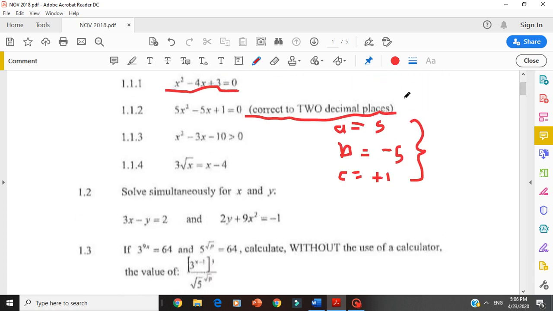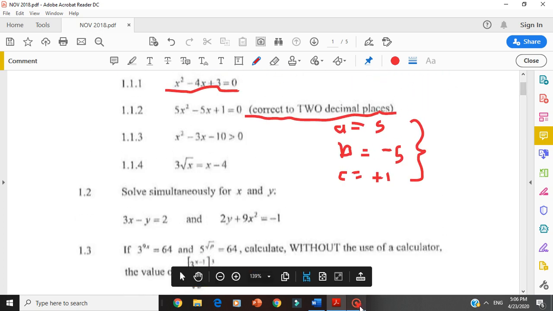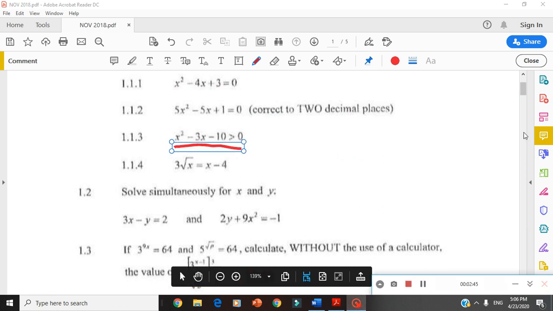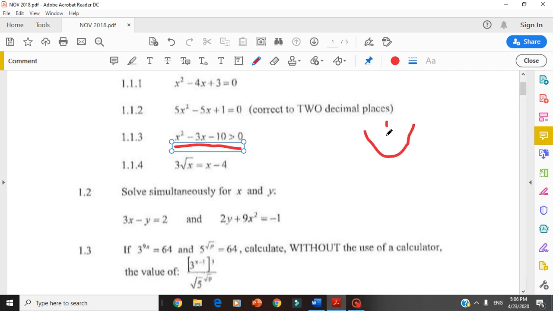The next section we'll be dealing with is an inequality. Okay, so for this inequality, we know it's greater than 0. So you've got your parabola. Here are your 2 roots. And we know that our answers lie on the outside, so therefore I'll have 2 answers as part of my inequality.